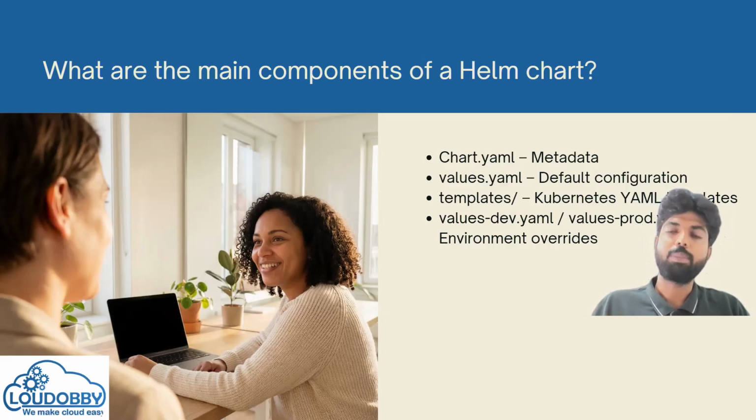Templates are nothing but the application. So you want to deploy an application, you create one template and use it for all the applications. Chart.yaml will have the understanding of why you are using this Helm chart. Mainly, values.yaml is very important. You put environment variables in dev.yaml or prod.yaml, and during runtime, it will be picked up by your microservices YAML or your application YAML.